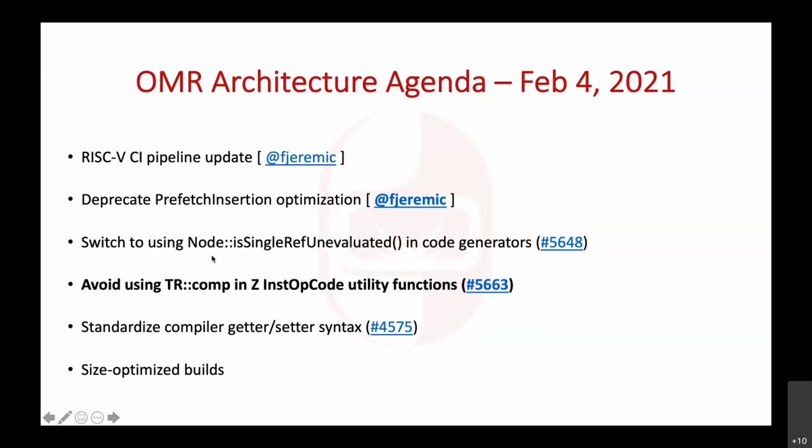All right. So issue 5663. This is to avoid using the trcomp thread local storage query in the Z InstOpCode utility functions. There are a number of utility functions for the Z instruction opcodes that need to do a query on the compilation object.